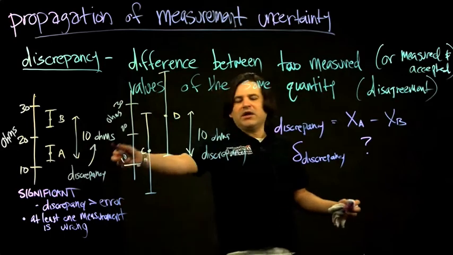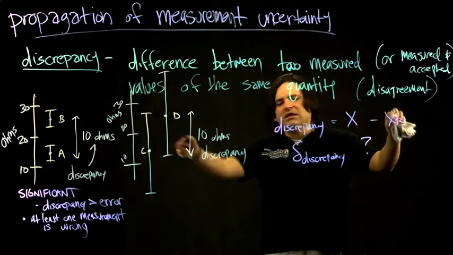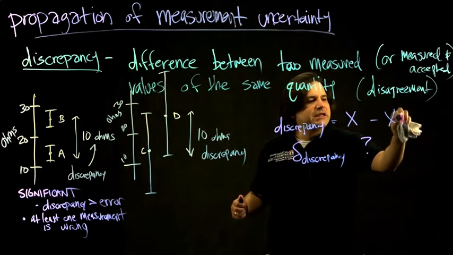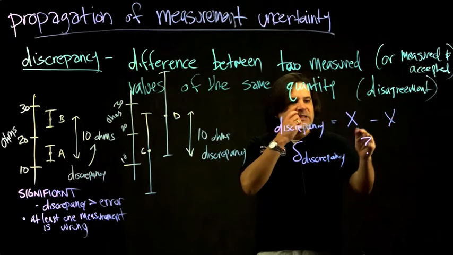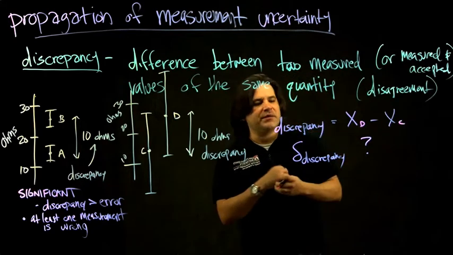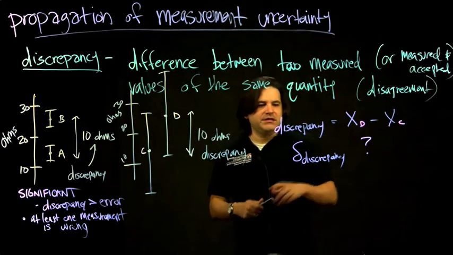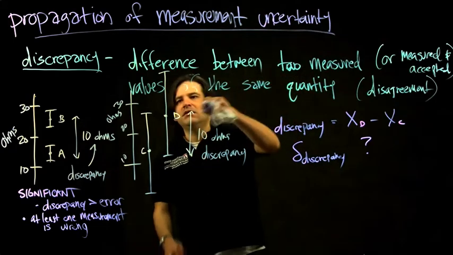It applies to X, measurement A and measurement B, but for this example, let's go to this side, measurement C and measurement D. So measurement D minus measurement C is the discrepancy between the two. So the question is, what is the error bar on this?